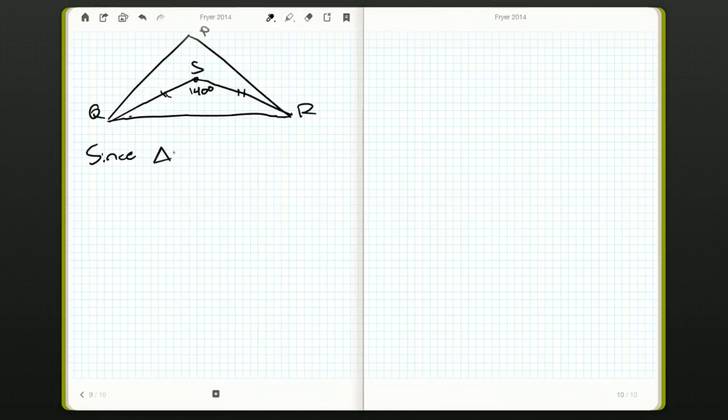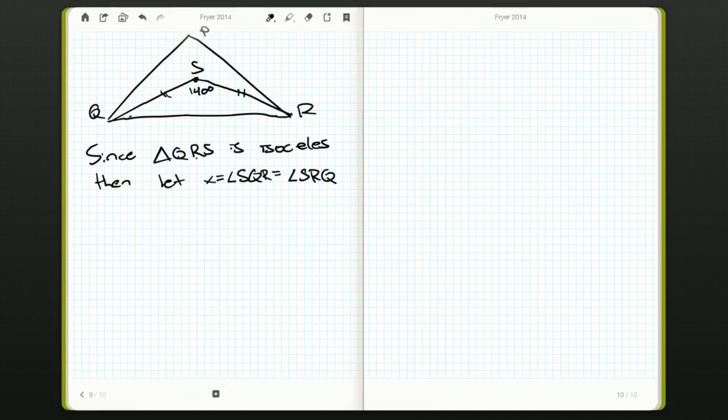Now, since triangle QRS is isosceles, then we can let x equal SQR, and that'll be the same as SRQ. Both these angles are the same, and they're x.